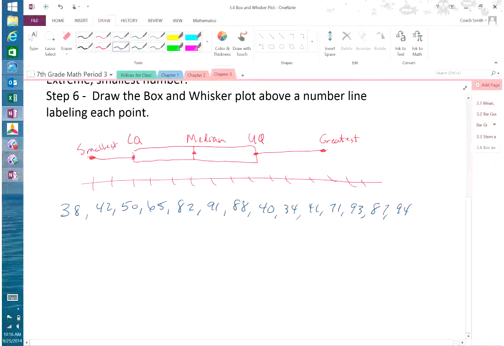Now, step 1 is that we put those numbers in order from least to greatest. So the smallest number looks like 34. So I'm going to go 34, mark it out. Then 38. Then 40, 41, 42, and all the 40s.